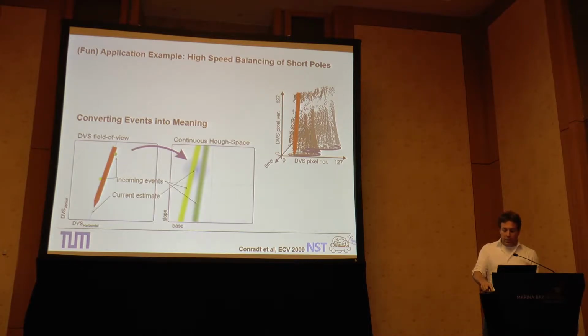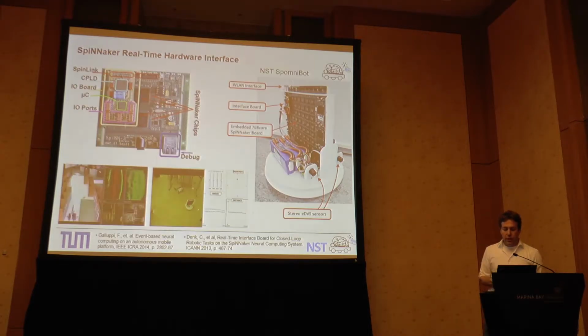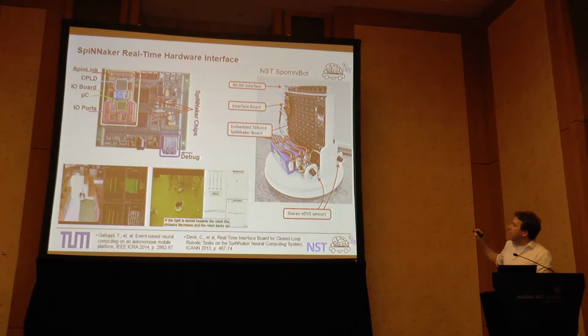Let me for a second detour. So we also have, Chiara mentioned this just now, a neuromorphic computing system, so we use these event-based vision sensors to interface through an interface board directly into a neuromorphic computing system where we do things like optic flow processing in neural networks or distance estimation.